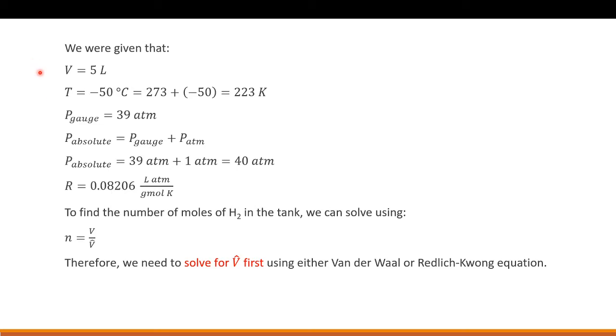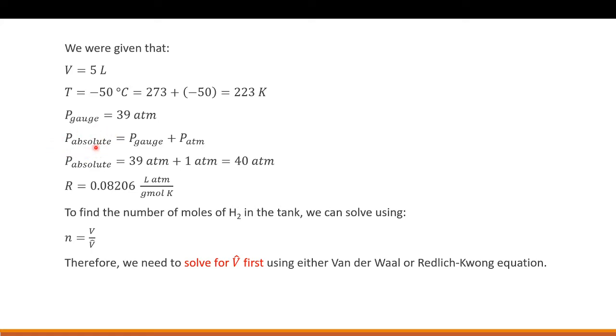We have V equal to 5 liters, T equal to negative 50 degrees Celsius, and if we convert it to Kelvin, we add 273 and get 223 Kelvin. The question gave us P gauge as 39 atm. But remember, whatever P we calculate from these equations is absolute.